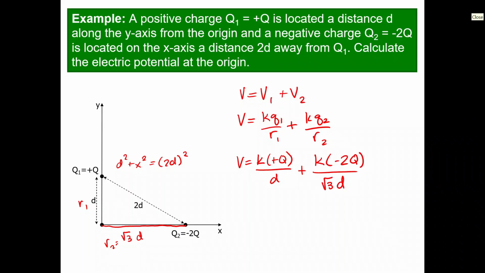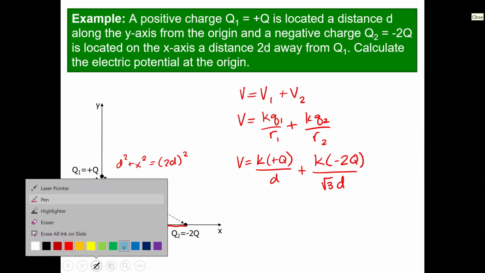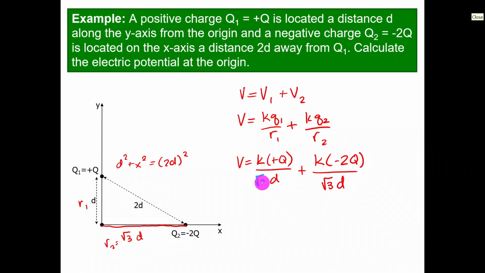So if I wanted to simplify this down, I would get a common denominator by multiplying the square root of 3 on top and bottom. So V is going to equal the square root of 3 KQ minus 2 KQ over the square root of 3 times d.